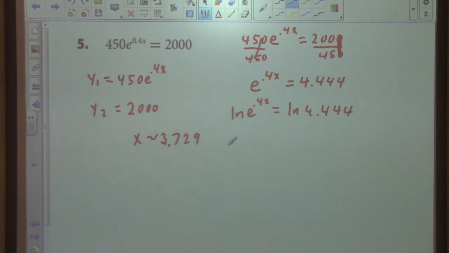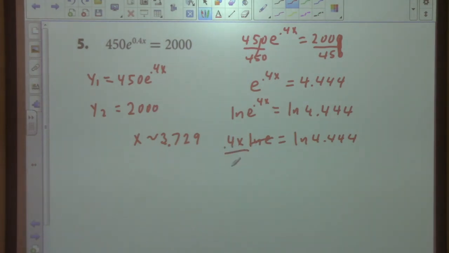Bring the 0.4x out front. So 0.4x times ln e equals ln 4.444. Anytime you see ln e, you should be thinking ding, ding, ding. It's just 1, right? Cross it out. So now we have 0.4x equals ln of 4.444.